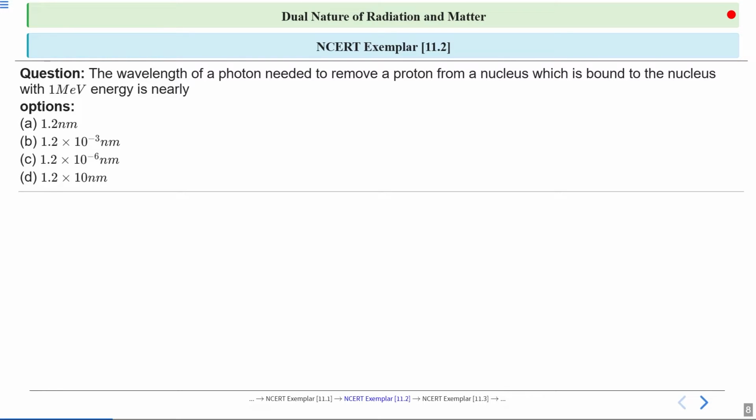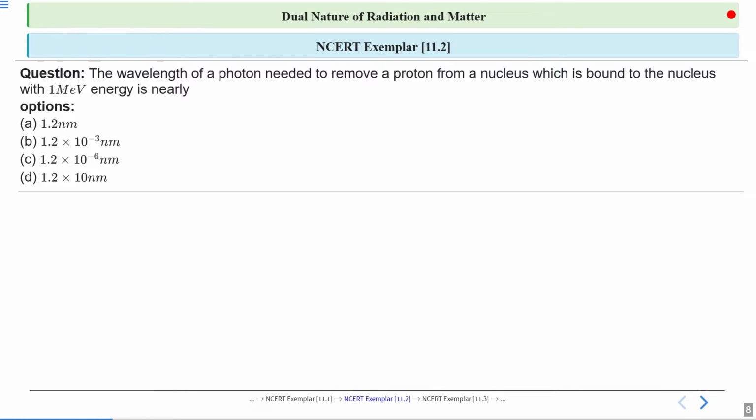So now let's examine NCERT example 11.2, which says the wavelength of a photon needed to remove a proton from a nucleus which is bound to the nucleus with 1 mega electron volt energy is nearly.